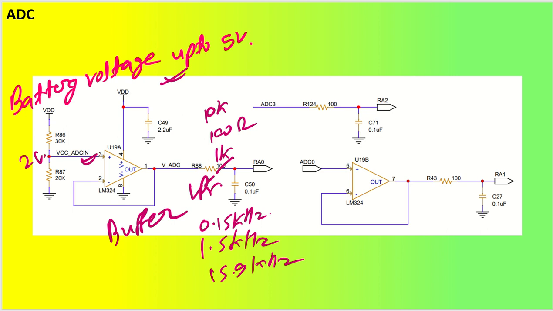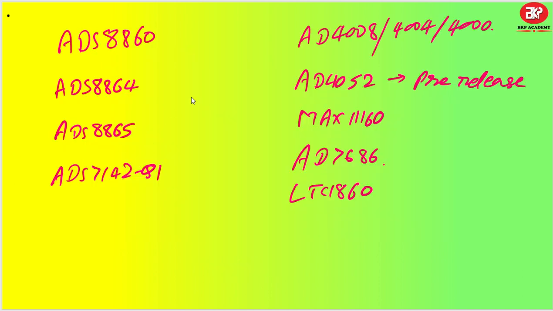So these are some of the best recommended methods, and we have used some ICs whose applications I'll try to give you. We have some of the best ICs that we used in our past applications, like ADS8860, ADS8864, ADS8865.